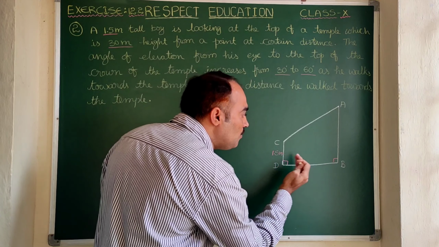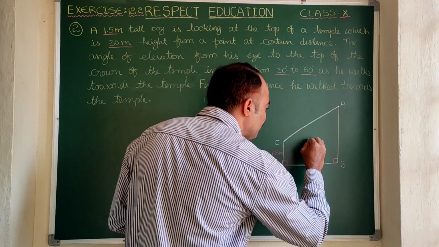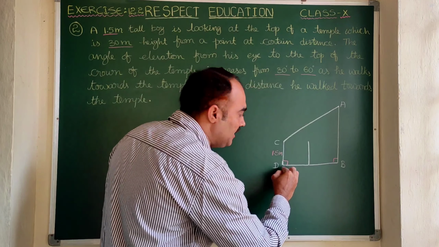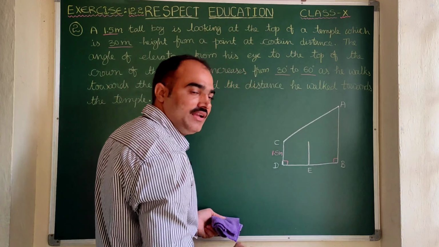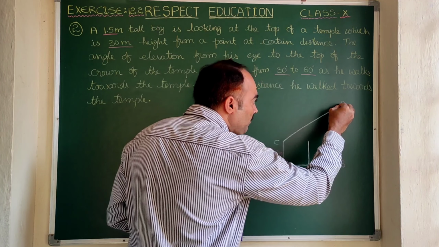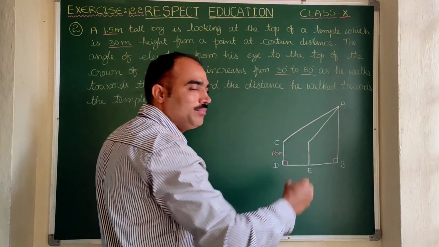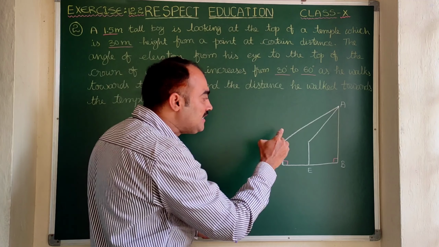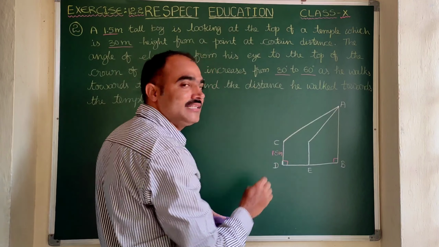As he walked towards the temple, for example, from here to here he walked from the position D to, for example, this, let us take this as E and let us take this point as F. Then from here again he observed the crown of the temple, or we can say the top of the temple. Then here the angles of elevation are, at the first instance 30 degrees and at the second instance 60 degrees. Where to draw the angles here?